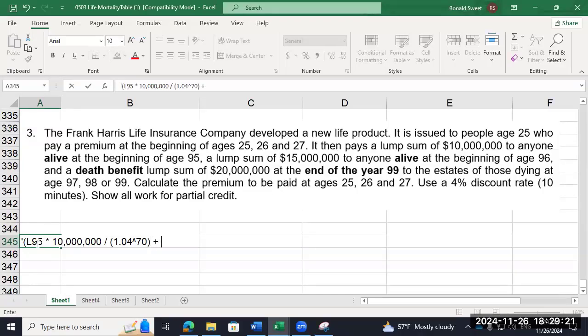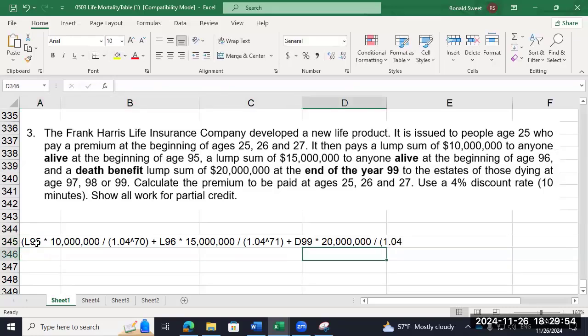The second one is age 96. So L96 times 15 million divided by 1.04 raised to here. You take 96 minus 25, you get 71, plus a death benefit, D99 times 20 million divided by 1.04.